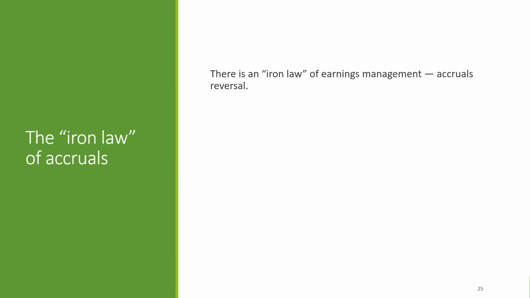So, revenue that should otherwise have been reported next year, I'm going to record as revenue this year. Okay, what will happen next year? If you recorded next year's revenue in the current year, right? So 2024 revenue, if you report in 2023, in 2024 you will have less revenue to report. Accruals reverse, right? The effect of accruals reverse.